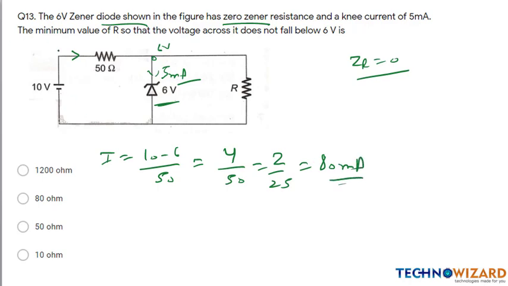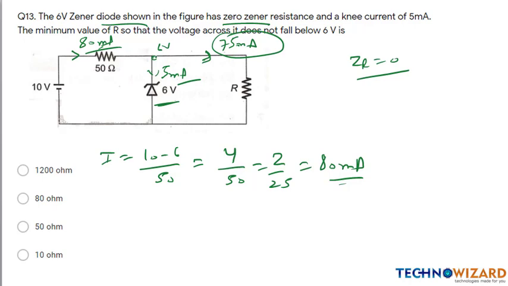So I will be equal to 80 milliampere. 80 is going here, 5 is going here. What is the amount of current going here? 75 milliampere. 75 plus 5 is 80 milliampere. Then 75 milliampere is going here.